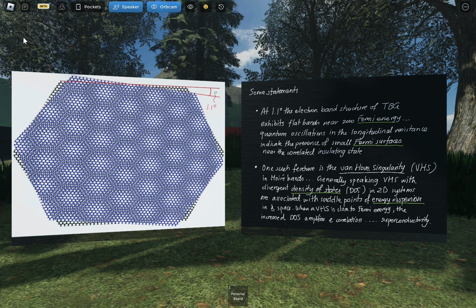The worse they are, the more long-range correlations that you'll see in the system. And in this particular case, that determines the superconductivity.